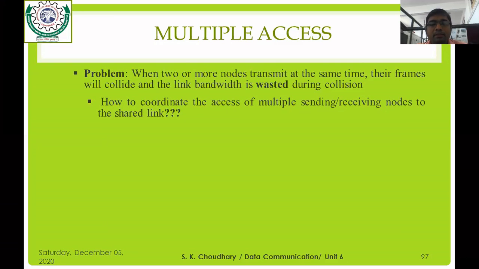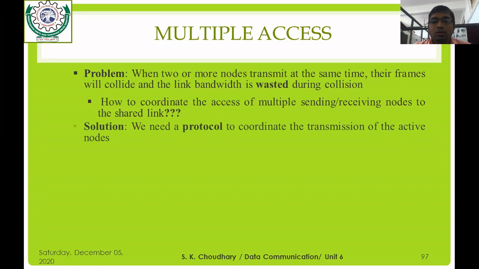So what happens? The problem is that in such a method, when two or more nodes transmit at the same time, their frames will collide and the link bandwidth is wasted during the collision. How do we coordinate the access of multiple sending and receiving nodes to the shared link? What is the solution?